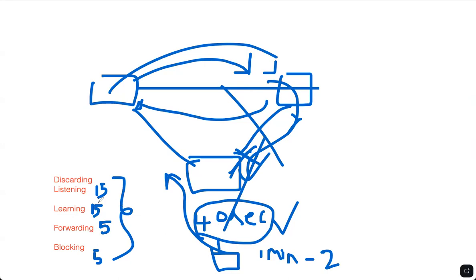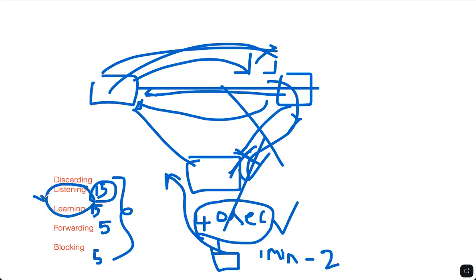So they reduced these timers by making listening and learning happen at the same time. When this sends the BPDU, this will automatically listen. So they combined listening and learning into one state, which is called the learning state. The discarding state is the same. It does not take any time because it is not participating in the spanning tree. That time is 0 seconds.